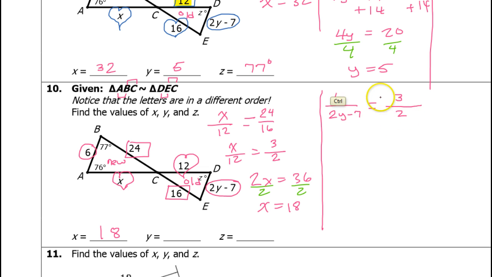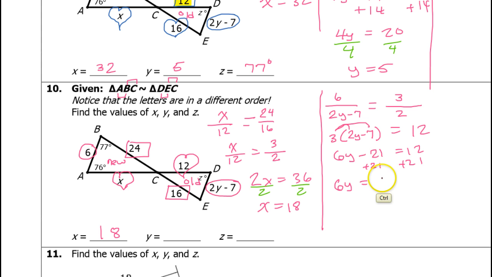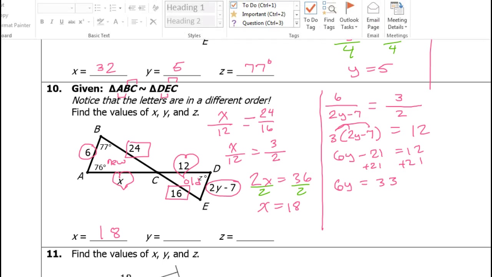And then I'm going to cross multiply. Along this diagonal, I have to do 3 times 2y minus 7. Along this diagonal, I have 12. Then I do the distributive property, so that gives me 6y minus 21 is equal to 12. Add 21 to both sides, and that's going to give me 6y is equal to 33. And then I need to divide both sides by 6.